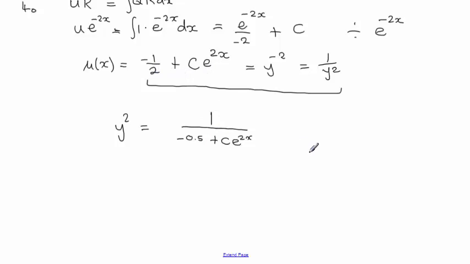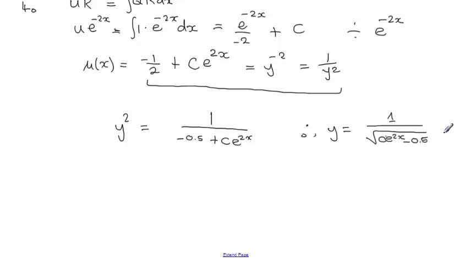So I did that. Which will say now therefore y is equal to 1 over the square root of c e to the power 2x minus 0.5.